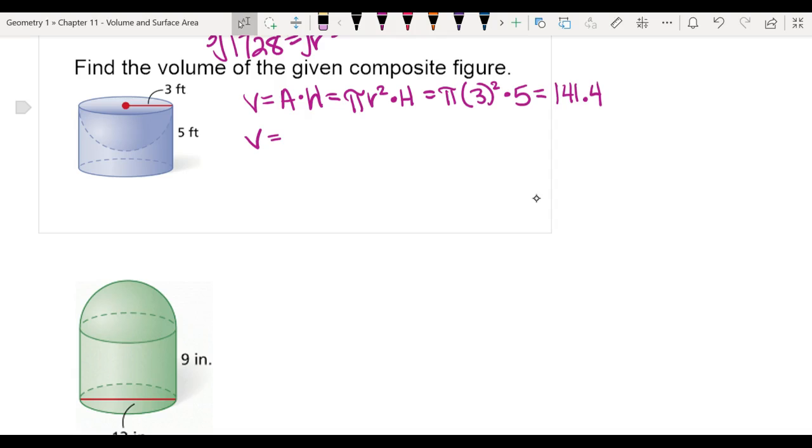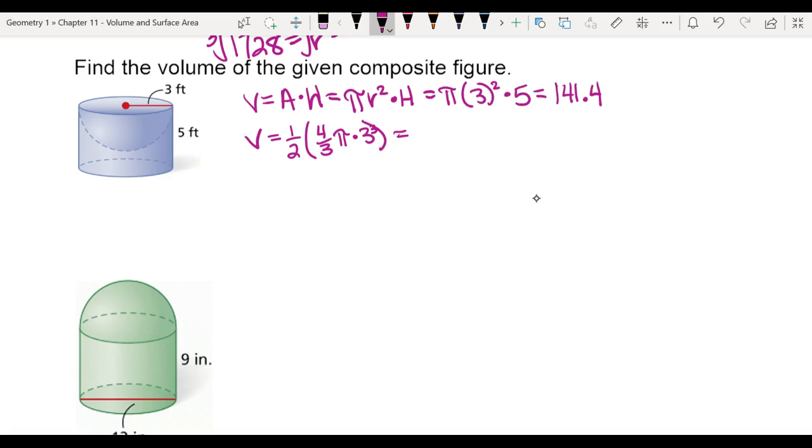Then you need to do the volume of the hemisphere. Now, if it's a whole sphere, it's 4/3 pi r cubed. What if you have half a sphere? What do you have to multiply that by? You have to times it by a half. So if it's a hemisphere, it's going to be 1/2, 4/3 pi, and then it's r cubed, so it's going to be 3 to the 3rd power. And then you would type that in.